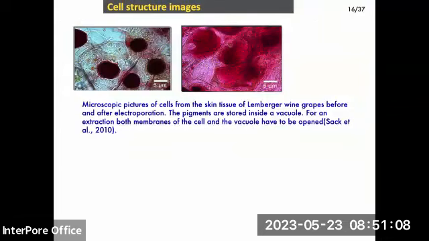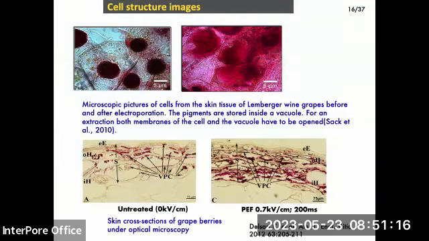Here you can see other examples for wine grapes before and after electroporation. Here are images of cross sections of grape berries before electroporation, and after electroporation you can see that polyphenolic compounds appear from inside of the tissue, and the tissue seems to be intact.